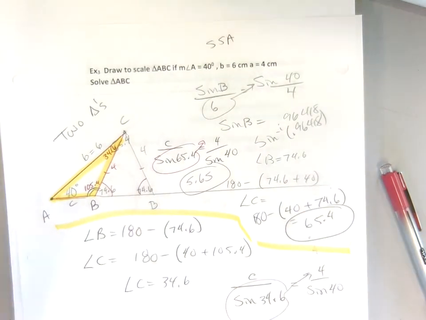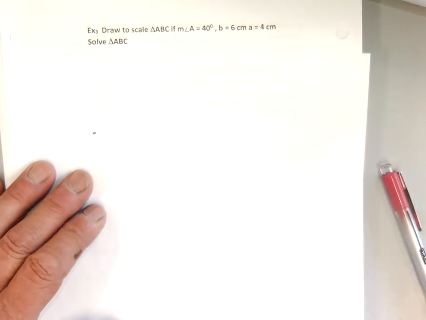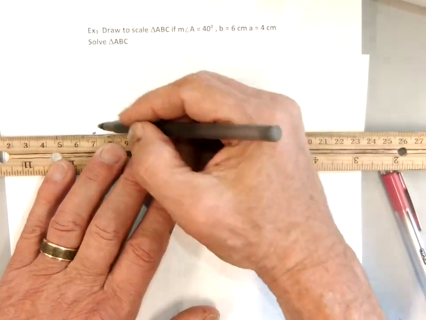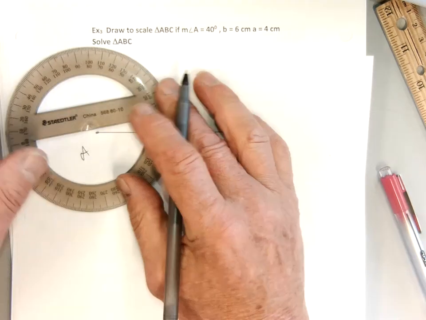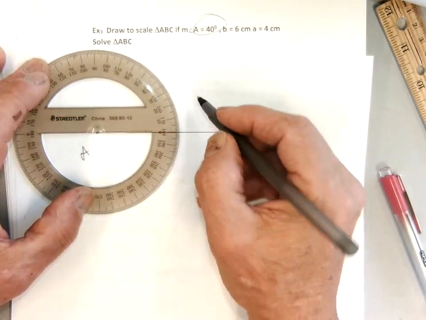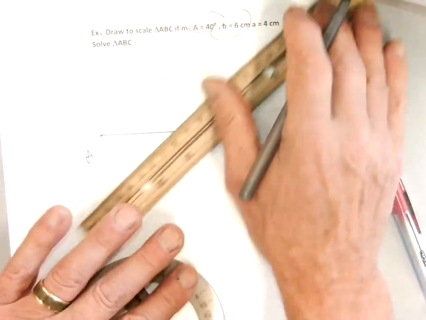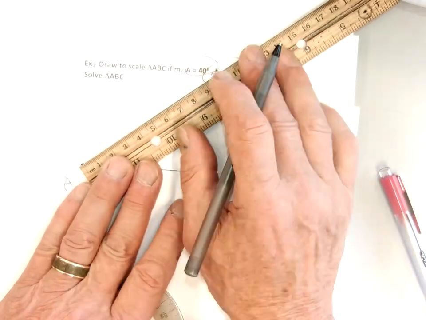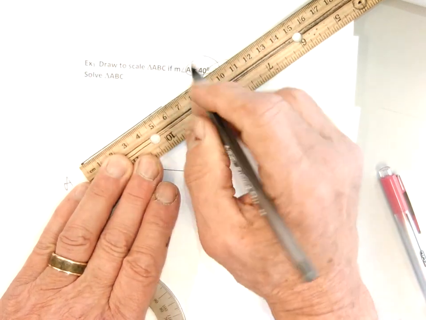So real quickly, I want to show this to you. If you were to draw the first triangle, side A and 40 degrees, angle A. B is 6. I like to put B here. If you put B on the bottom, it's just going to be upside down. It can be upside down, it's just easier to see it this way.